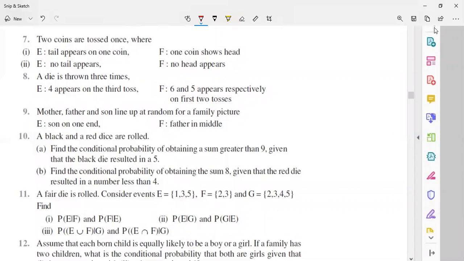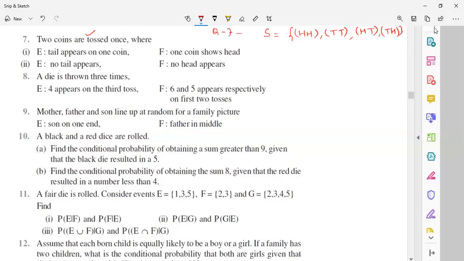Question number 7. It is simple. 2 coins are tossed once. So this is an experiment. Therefore the sample space will be, as 2 coins are tossed, head, head, head, tail, tail, head, and tail, tail.